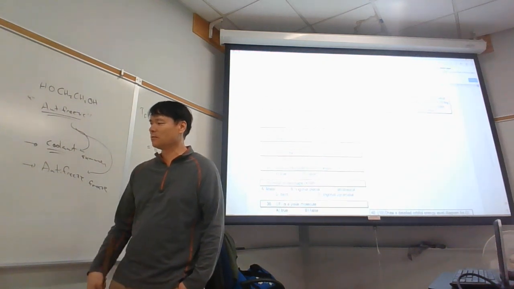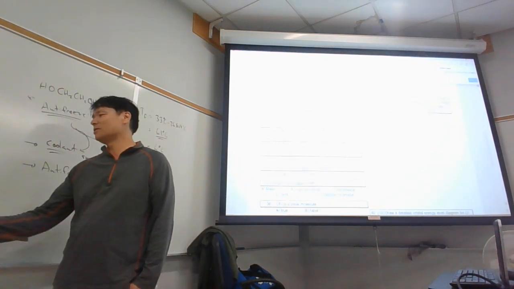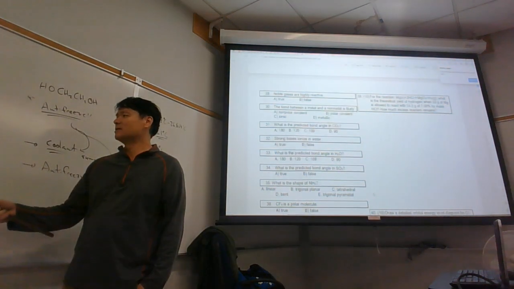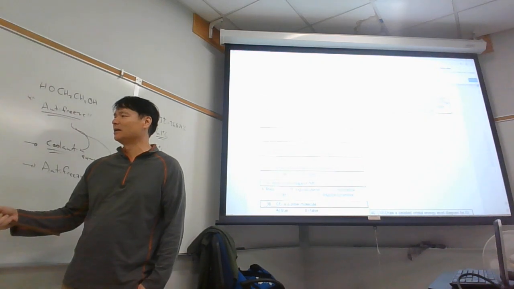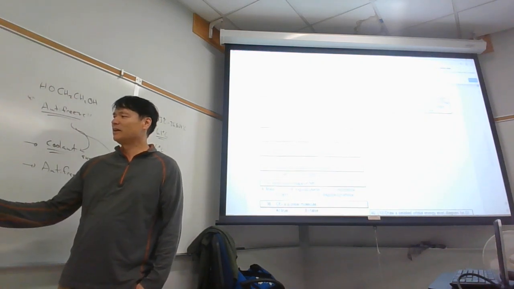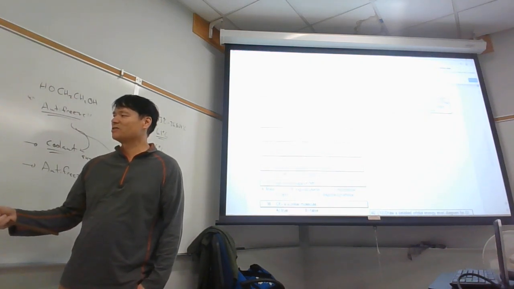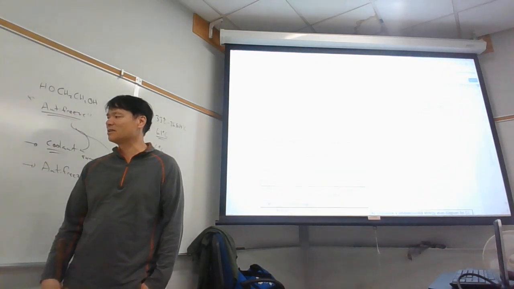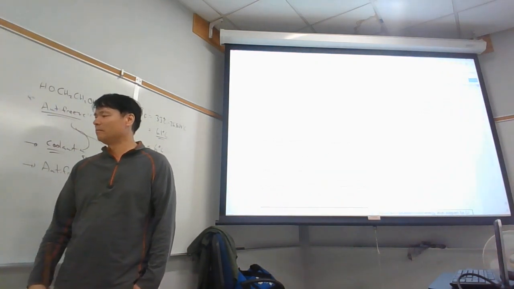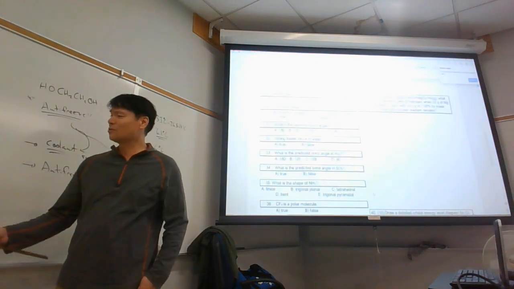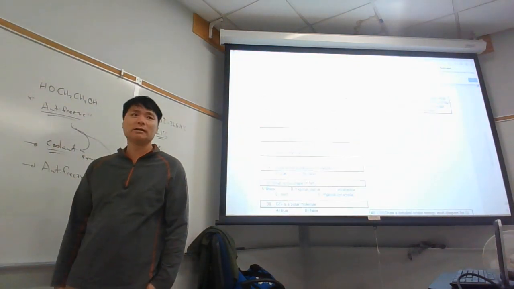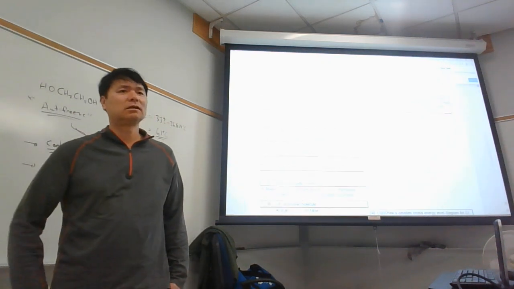That's what they do in the Chem 1A book. But again, sometimes it's hard to predict because it depends on how big the central atom is. Sometimes the central atom is big, so that these valence shell electron pair repulsions aren't so significant, and so the distortions, the angles aren't so big. So it varies. But as long as you're aware that it could be distorted, you're fine. And so just do the ideal.